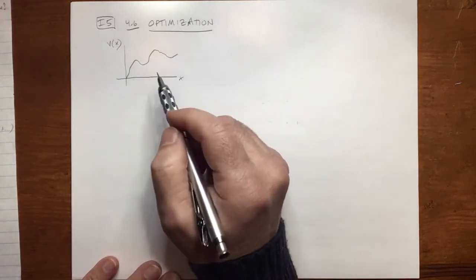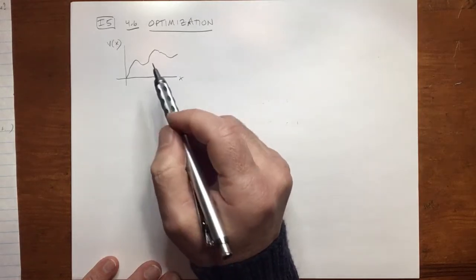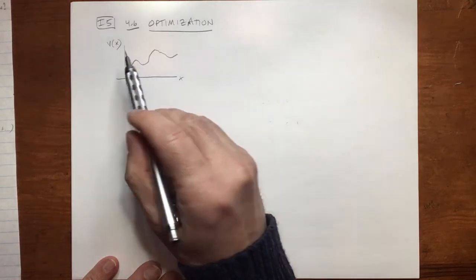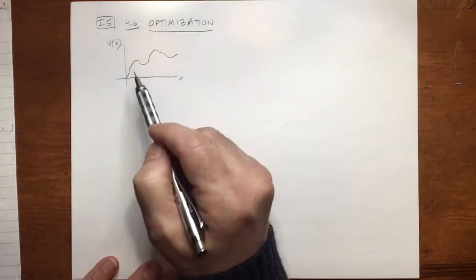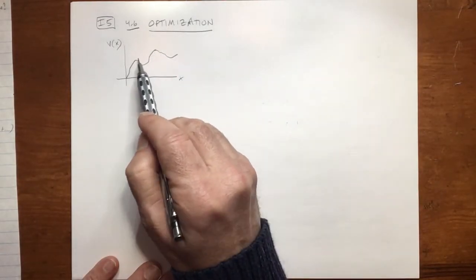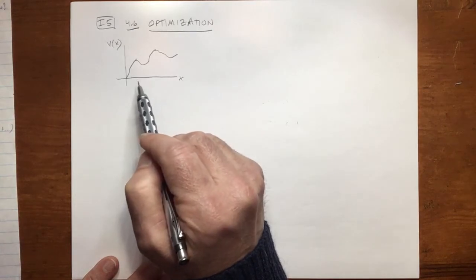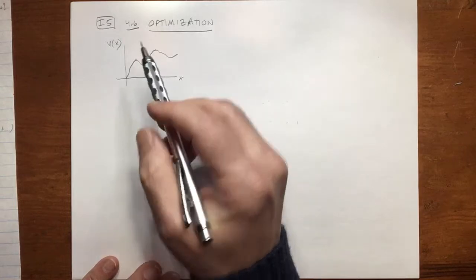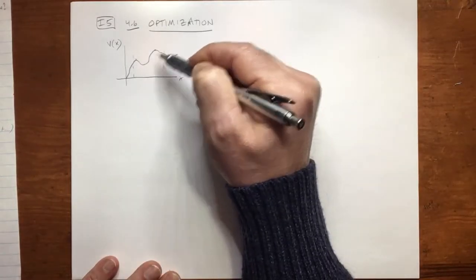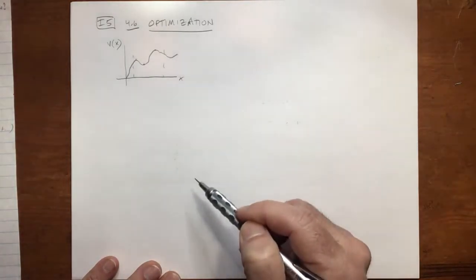But anyway, in order to find the biggest value of the volume on a given part of the domain, what you're looking for is a maximum, like right there or right there. Or maybe you want to find the lowest value of the volume on a given part of the domain. Maybe the domain's limited, and so that would be a point like that.